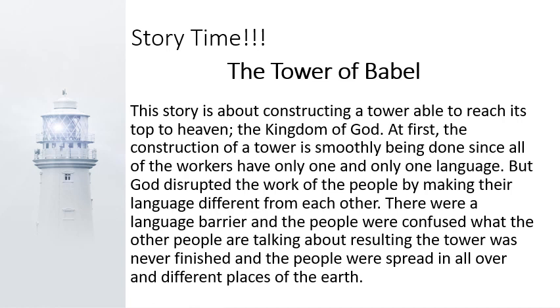There was a language barrier, and the people were confused about what the other people were talking about, resulting in the tower never being finished and the people being spread all over the different places of the earth. If you can read the Bible, or search on the story of the Tower of Babel, you would be able to see more details on this.